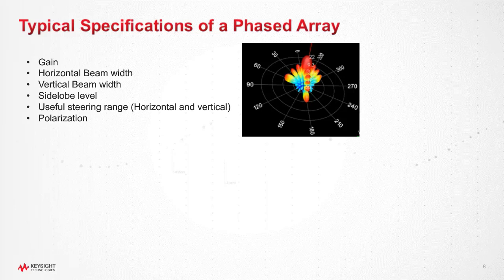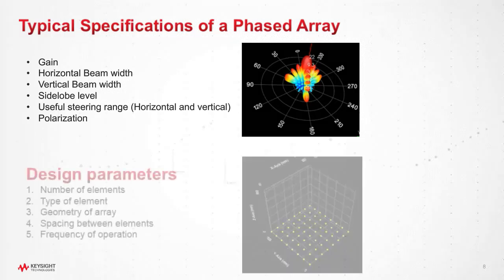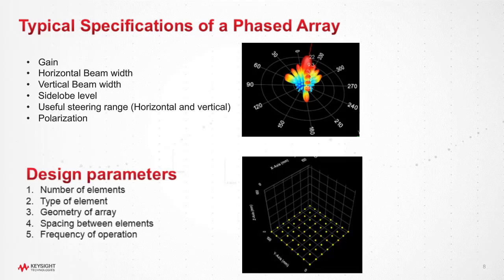If we exploit the polarization, then we have to understand the specification for the polarization as well. In order to obtain those far field characteristics, we have some design parameters. Again, these are very simple, fundamental design parameters. By starting with these design parameters, we can arrive at a far field very quickly.